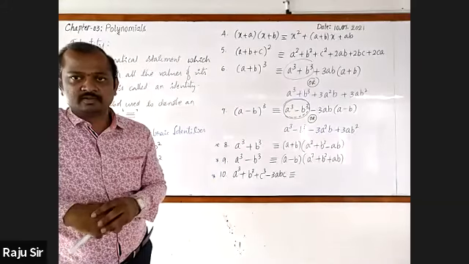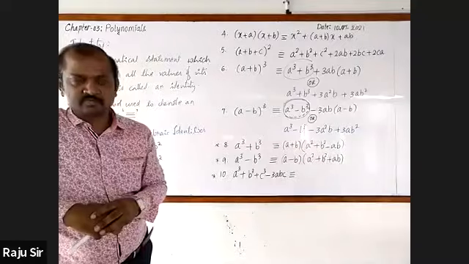Chandana. Sir, A plus B plus C into A square plus B square plus C square minus AB plus BC plus CA.